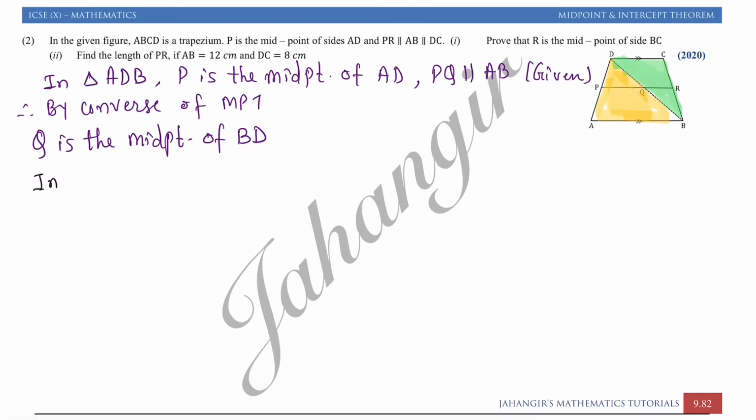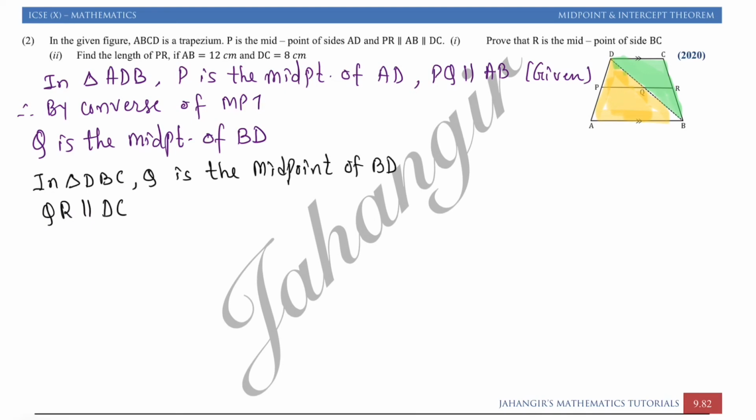We write in triangle DBC, Q is the midpoint of BD, and QR is parallel to DC.